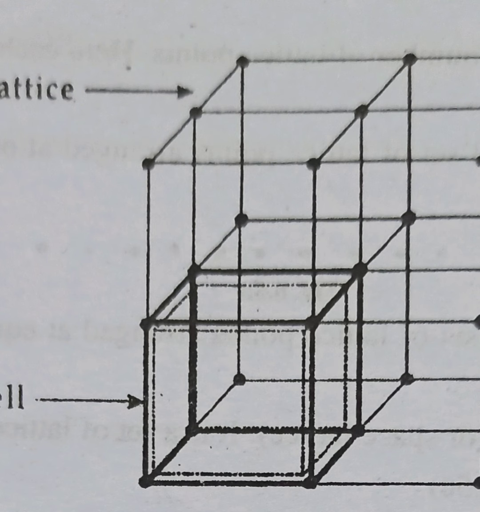So except size, in all other dimensions, the unit cell represents the crystal. Means this unit cell will repeat itself to form the complete crystal. So these are the very important definitions in crystallography.